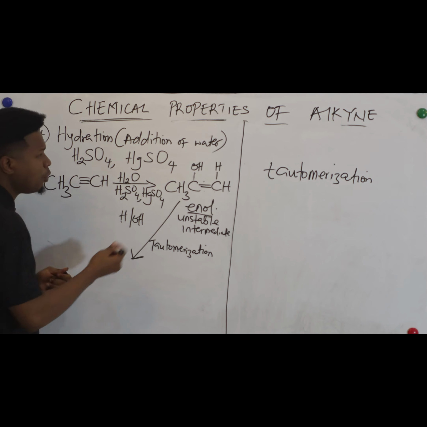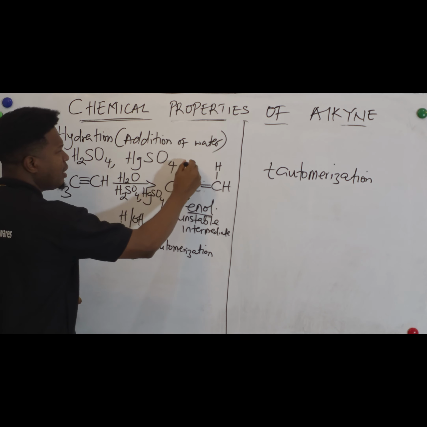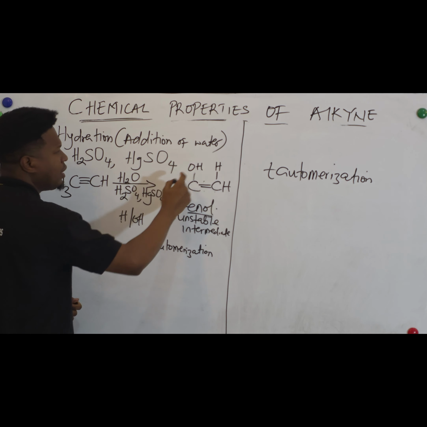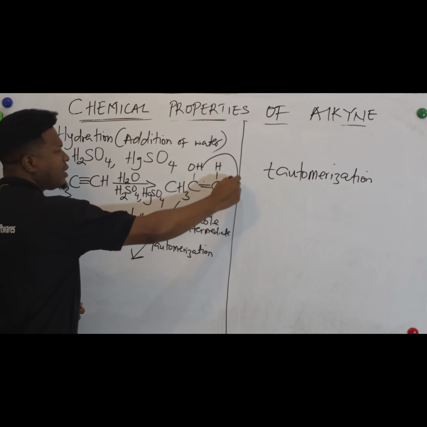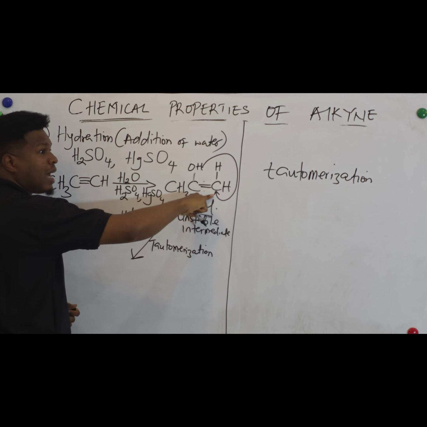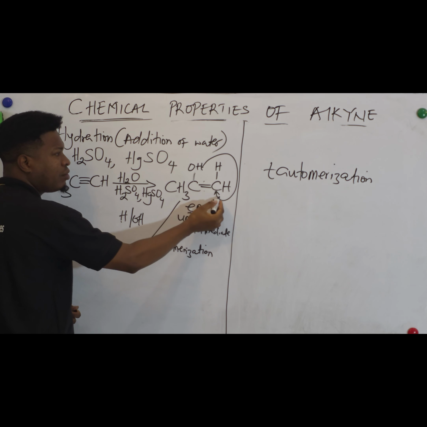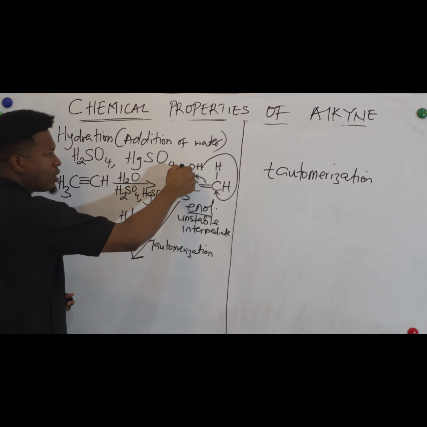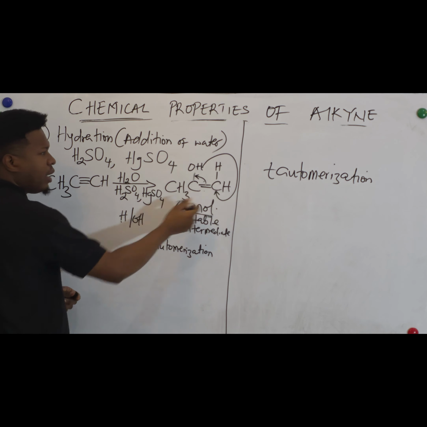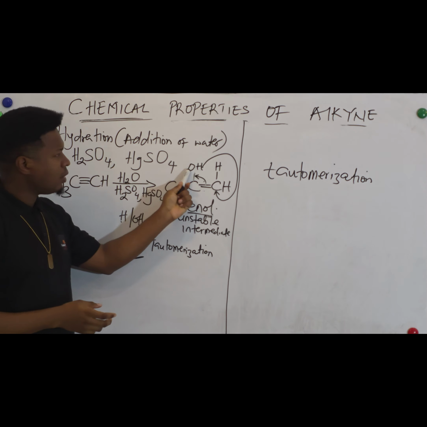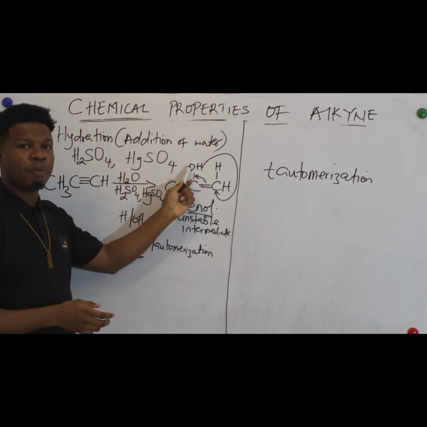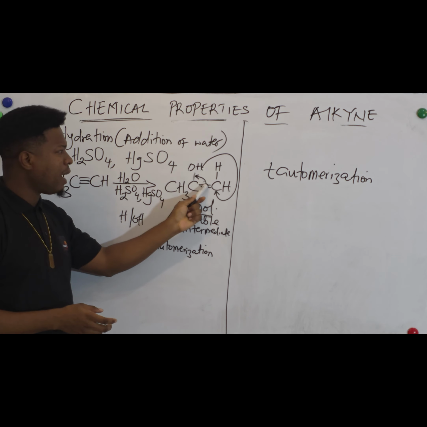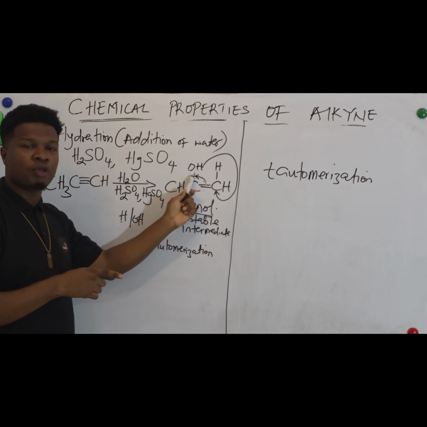This hydrogen here will migrate to the adjacent carbon, and then the pi bond will rise and join the oxygen. If the hydrogen leaves from this oxygen, the oxygen will become negatively charged. So to stabilize the charge, the pi bond will join it to become neutral.